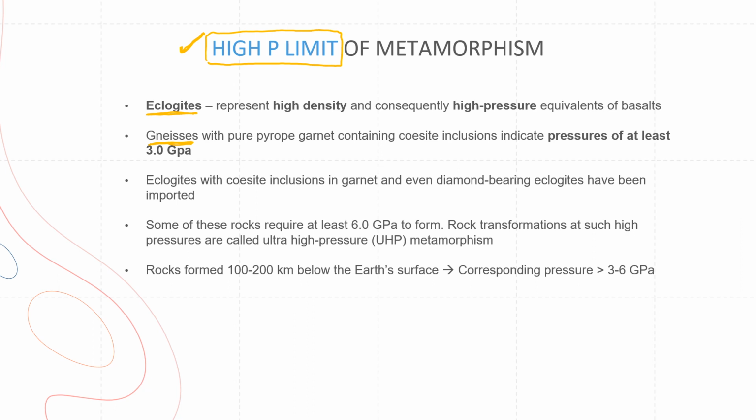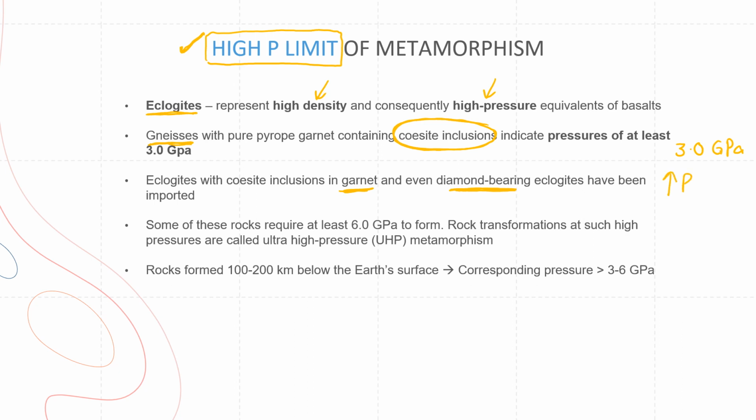For example, if any of the rocks have coesite inclusions, this indicates that the pressure has to be at least 3 gigapascals. So that's pretty high. And we can see that eclogites, which are already a really high density, high pressure rock, have been found with garnets and even diamonds, which further indicates that it is a rock formed under really, really high pressures.